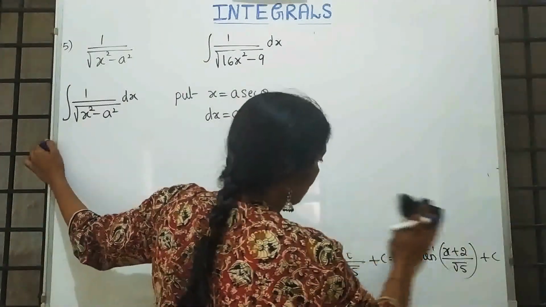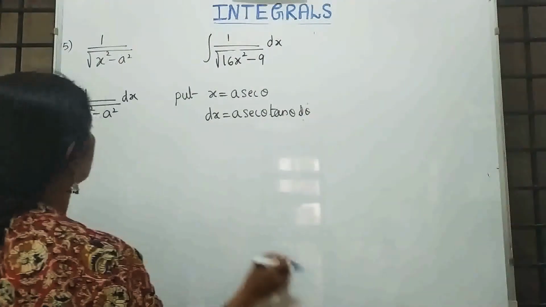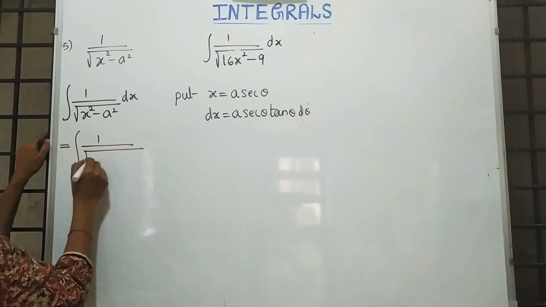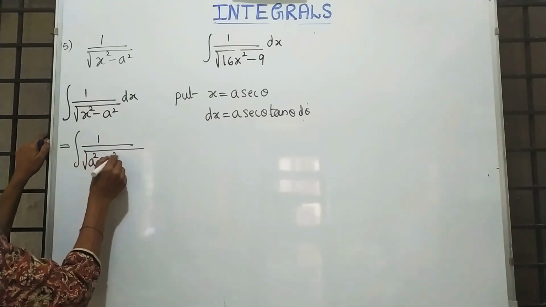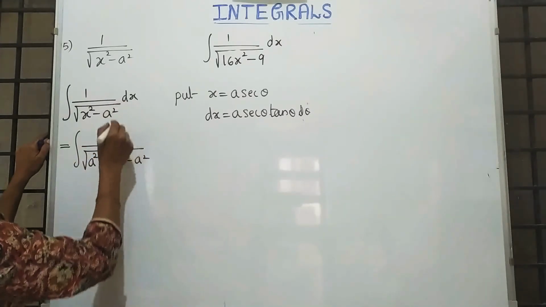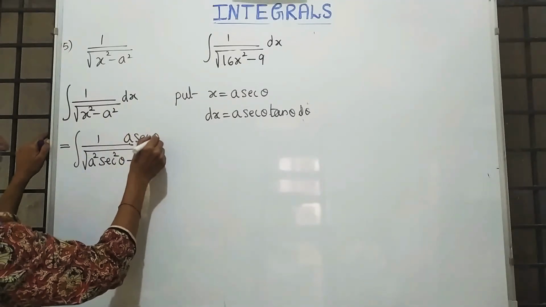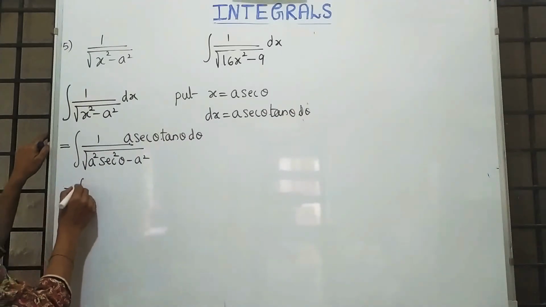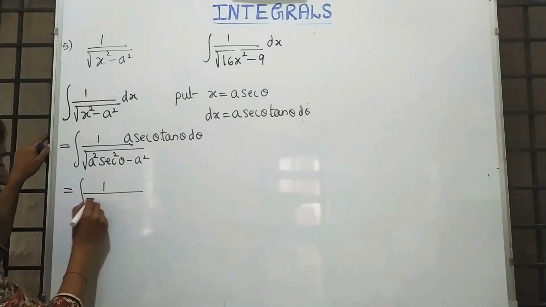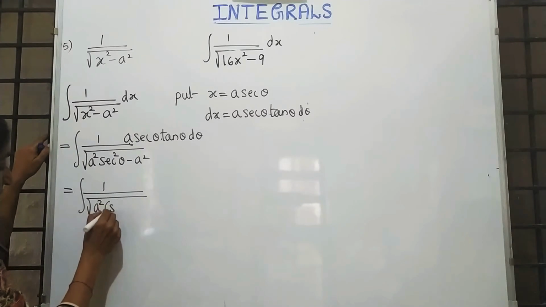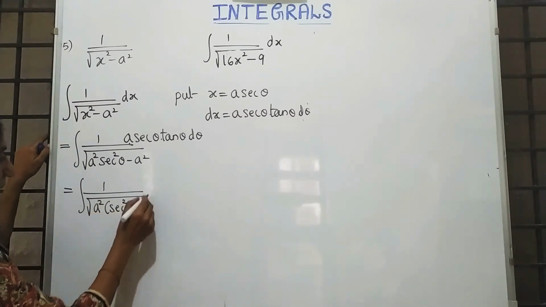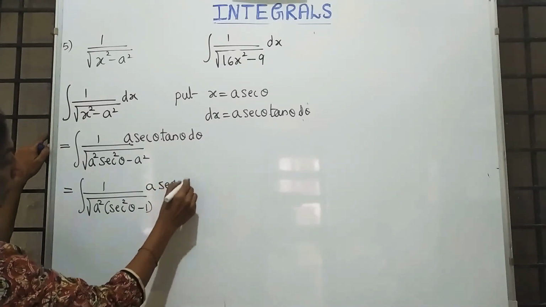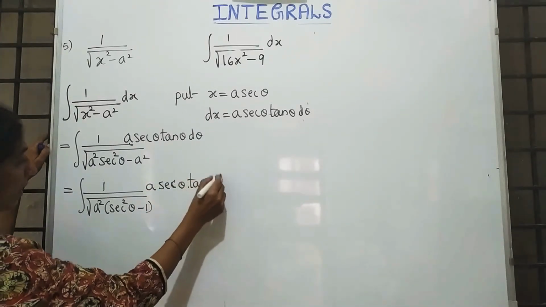Now write down these values. It is 1 upon root of a square secant square theta minus a square, and dx is a sec theta into tan theta into d theta. 1 upon root of a square common, secant square theta minus 1, into numerator a sec theta into tan theta into d theta.